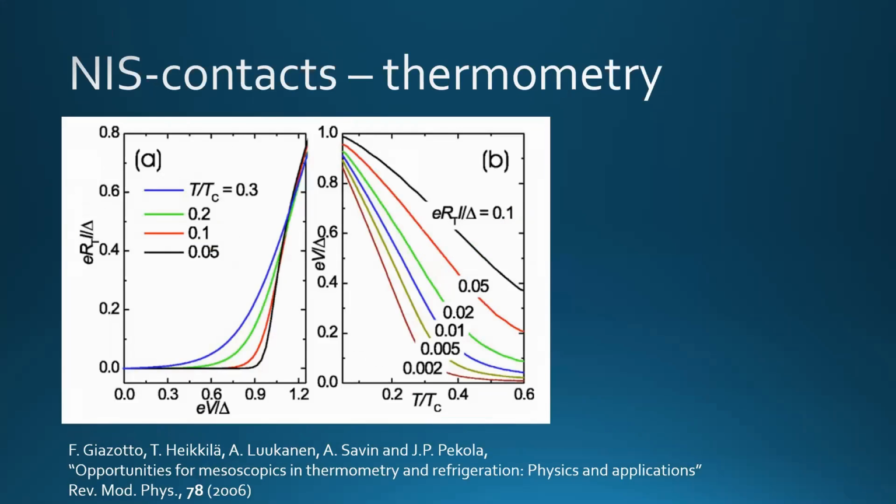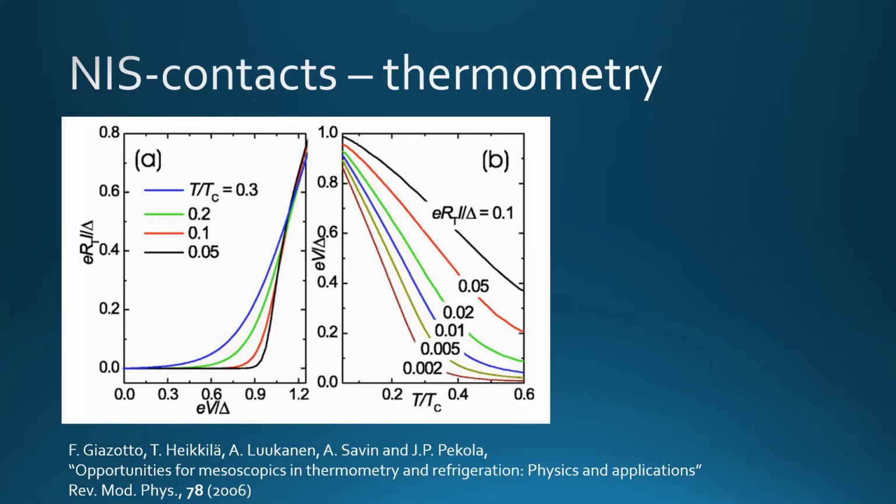Now, to measure the temperature, we can use just the IV curve of an NIS contact. On the left plot, you can see IV curves for an NIS contact at different temperatures.